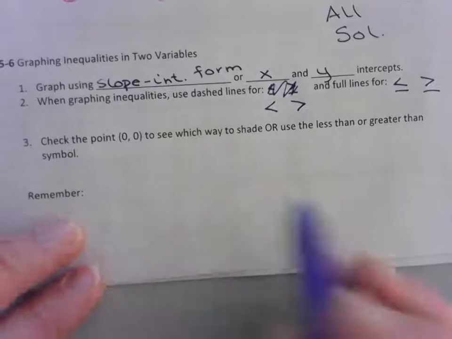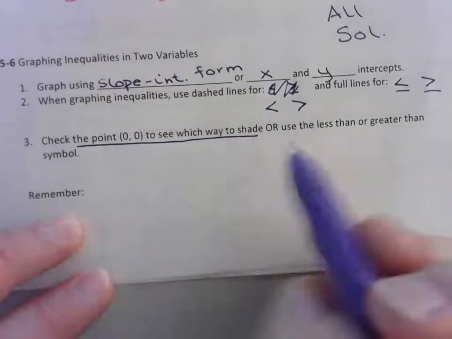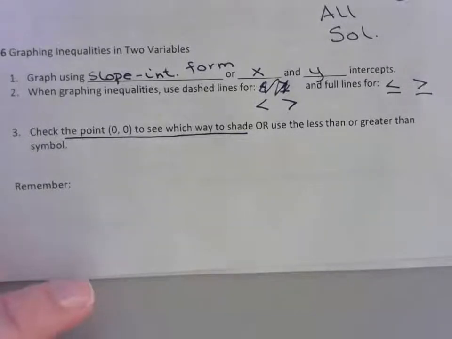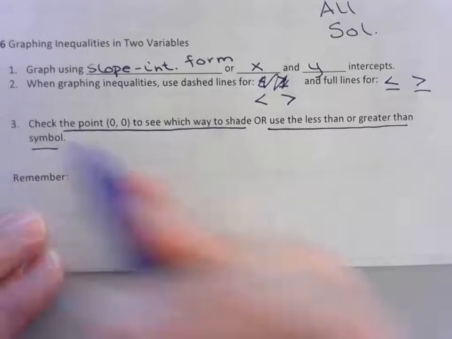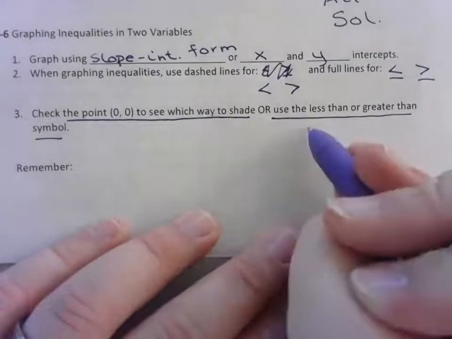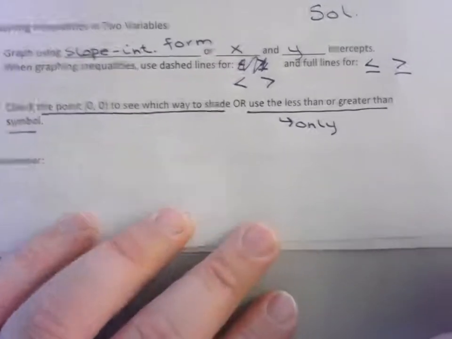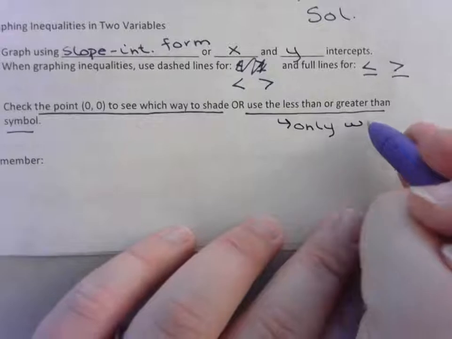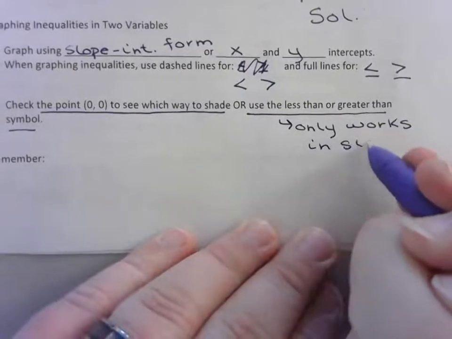Next thing is you need to check which way to shade. So one way to do it is to check the point 0, 0, or use the less than or greater than symbol. Now, this trick is a nice trick, but it only works in slope-intercept form.